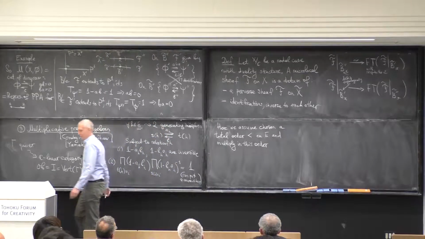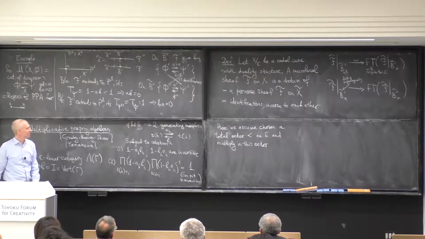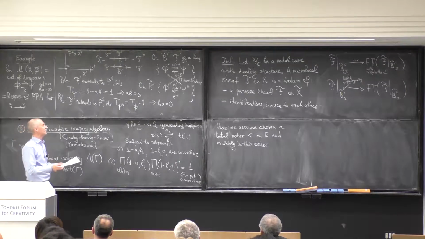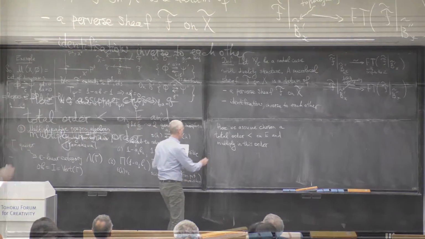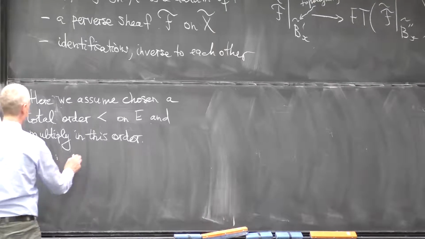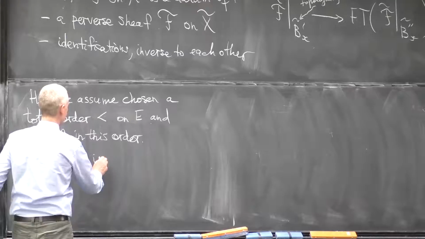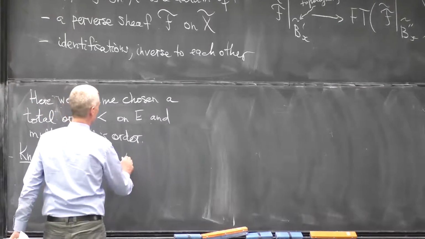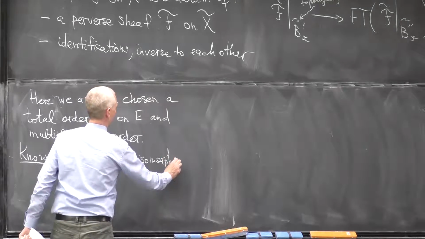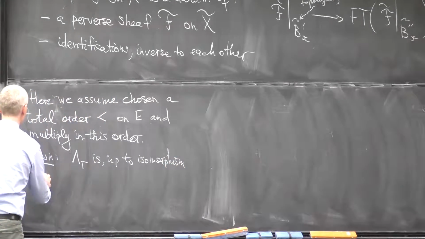But now the first statement of this theory is that this category, Lambda gamma, is up to isomorphism independent of this choice.